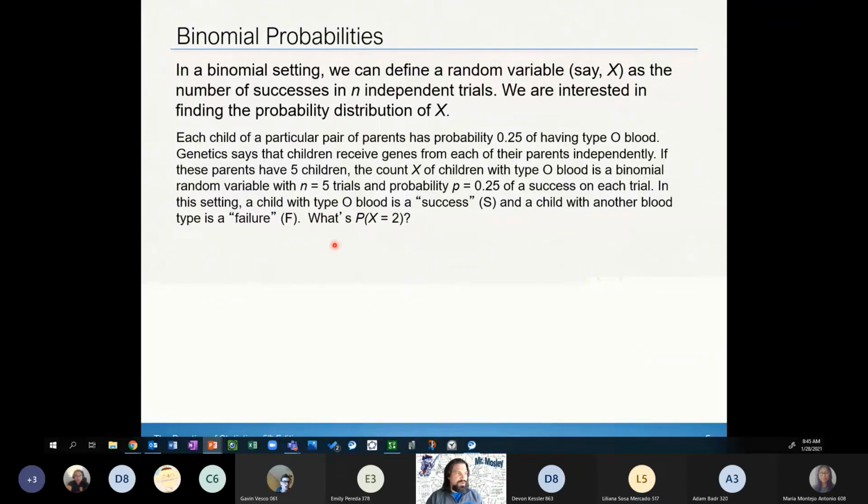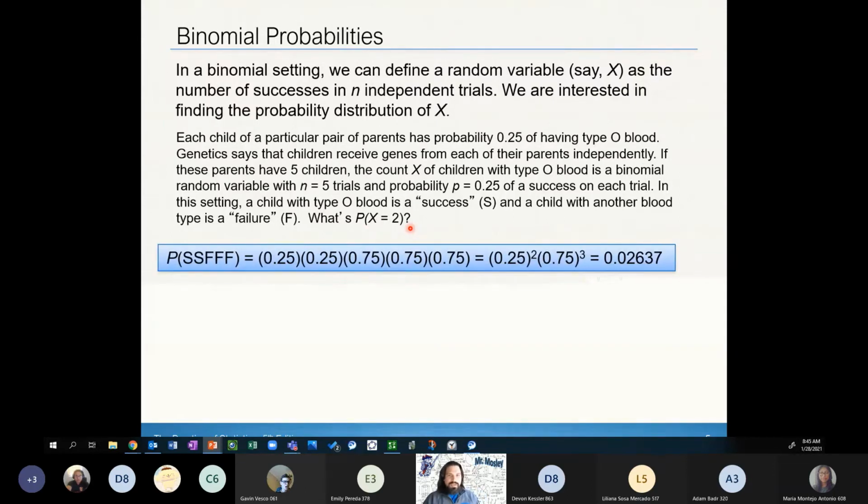What is the probability of having exactly 2 children with blood type O? That's what the probability of x equaling 2 represents. One possible way to have 2 children with blood type O is if the first 2 kids are both type O and the other 3, the last 3, are not.